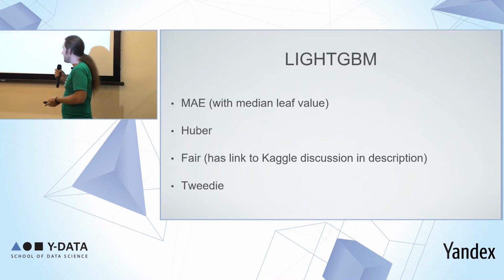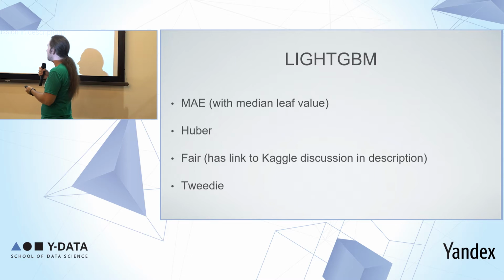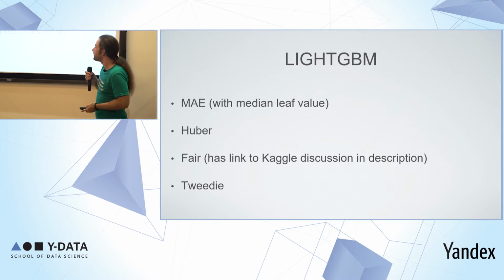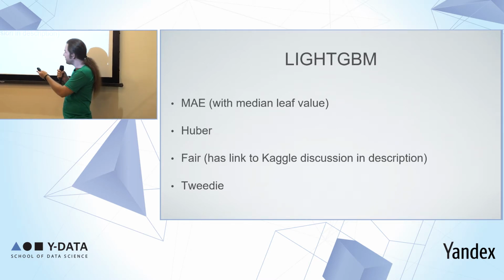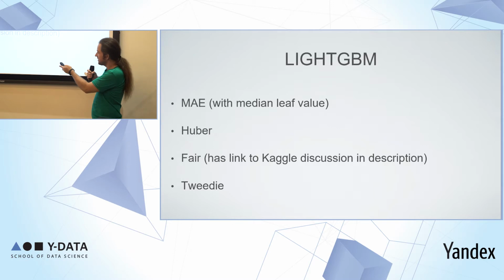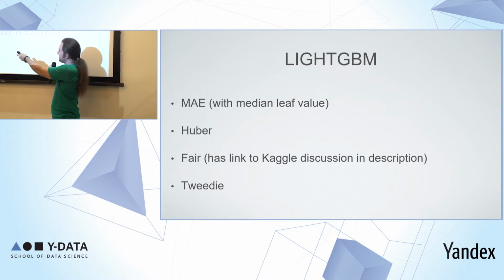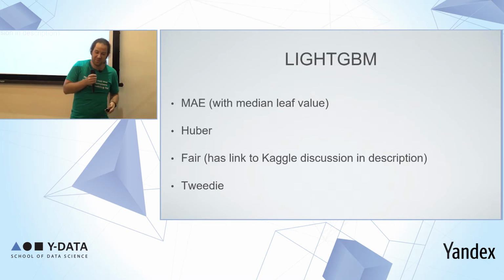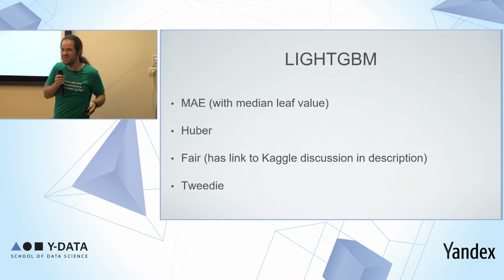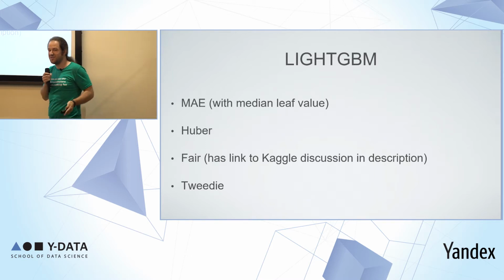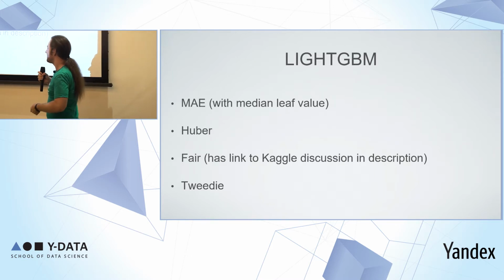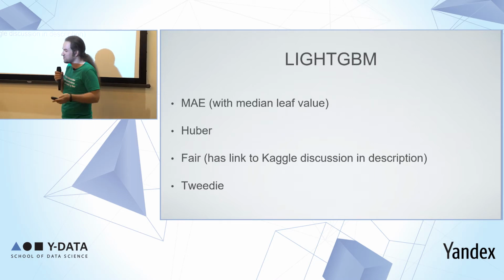For LightGBM, there is also mean absolute error with the proper averaging in the leaf, and Huber. Besides this, there is a fair objective, fair loss, and funny enough, its description has a link which leads to a Kaggle discussion where this metric was introduced.